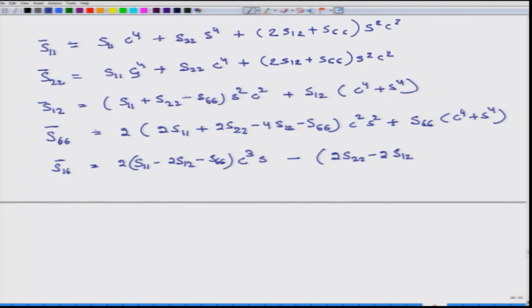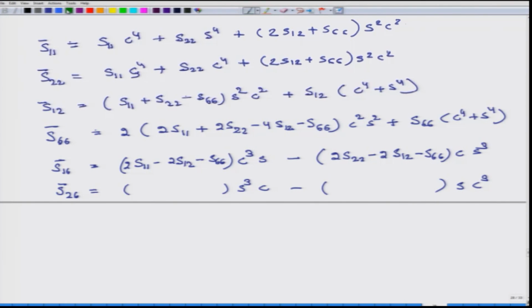So, there is a small error here, this is 2 in bracket. Okay. So, it is 2 minus S66 cosine sine cube, and S26 bar equals the same thing times sine cube cosine minus this thing sine cosine cube.